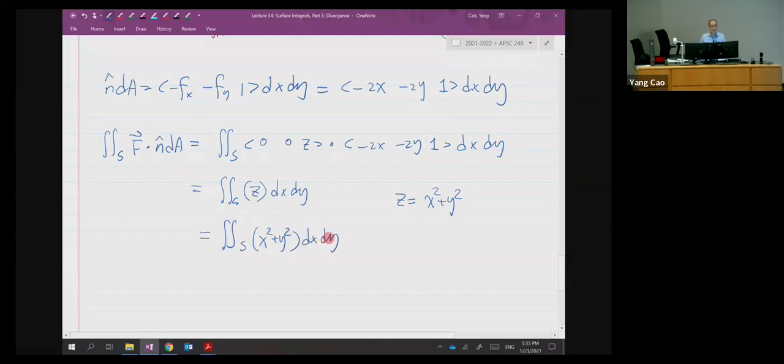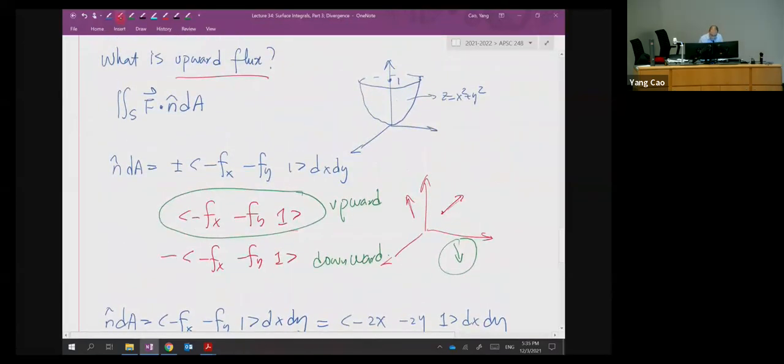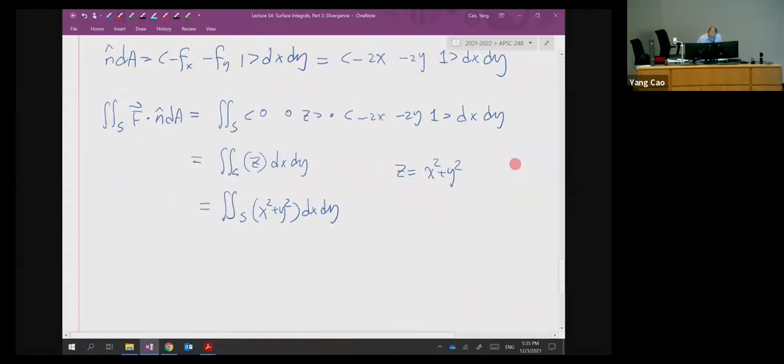And the xy limits need to be determined by the shadow of the surface in the xy plane. If you look at this question, essentially it's a circle. When you project the shadow, it's x squared plus y squared equal to 1. So in your double integral, you could literally replace this with r as representing the shadow.